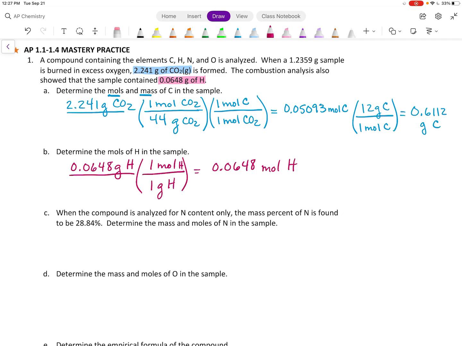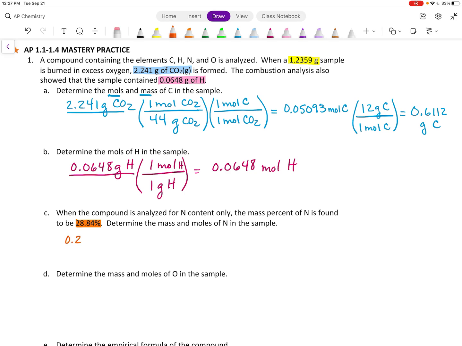All right, so in the next part, it's asking us to determine the amount of mass that came from nitrogen, and they give us a percent. So this is kind of an interesting scenario. So we're given a percent. We know that the original sample was 1.2359. And so what we can do is find the mass of nitrogen by multiplying the percent as a decimal times the sample. And so we'll do that.